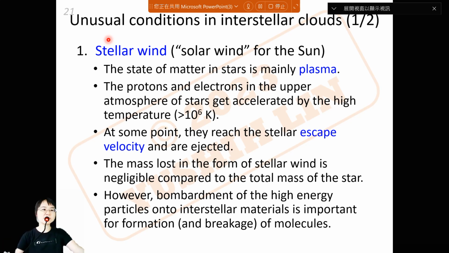Today, in Europe, there are places where we can see the interaction of solar wind with the Earth's atmosphere. That's in Northern Europe, where you see the northern light. This beautiful light in the sky in the Northern Hemisphere is actually caused by stellar wind.